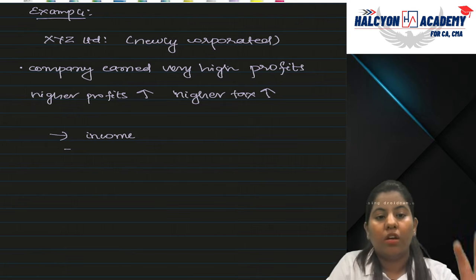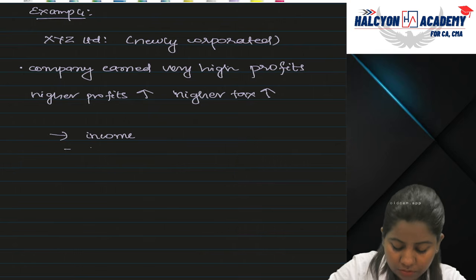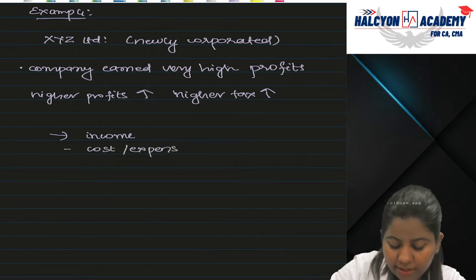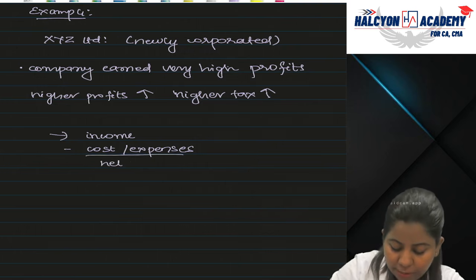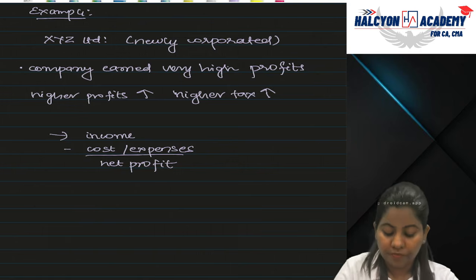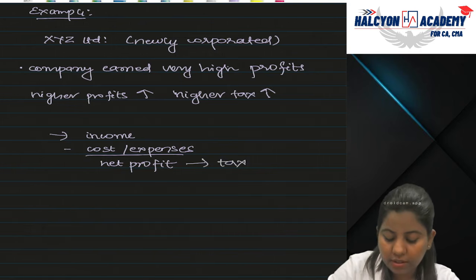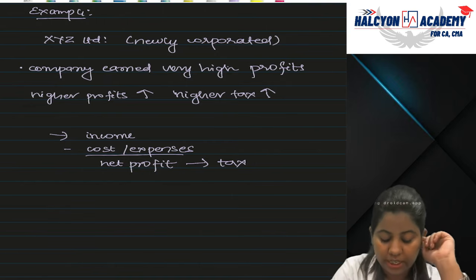As you know, we deduct the cost and expenses from that income. Then comes the net profit after deducting cost and expenses. So the tax is charged on this net profit.